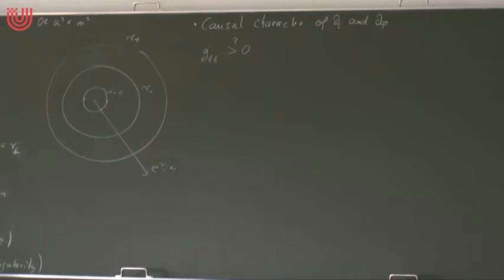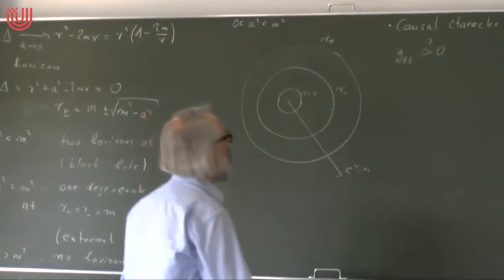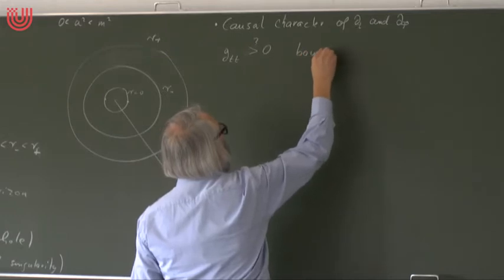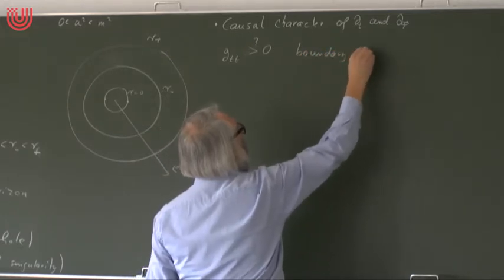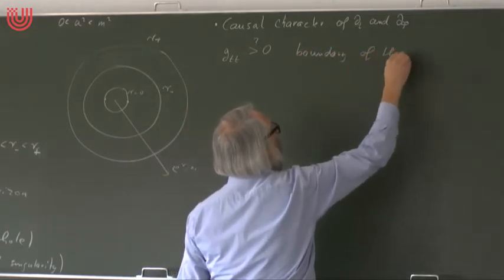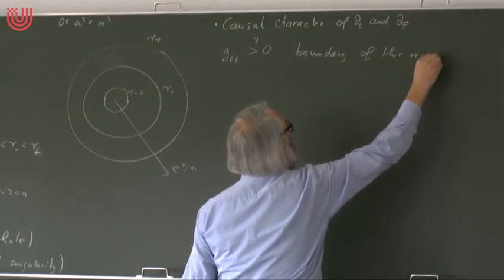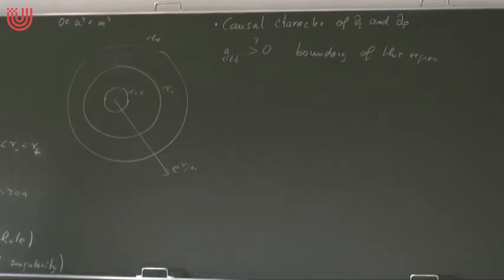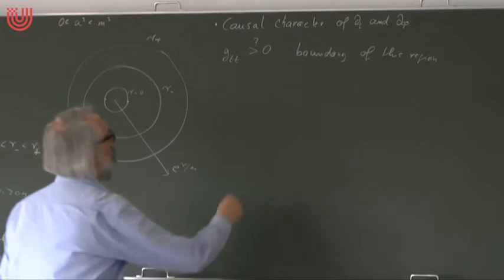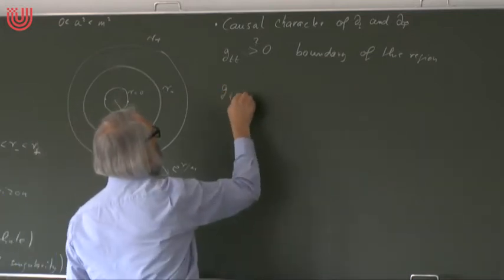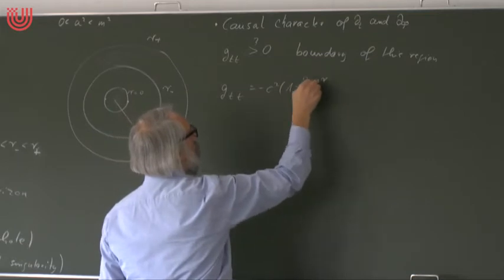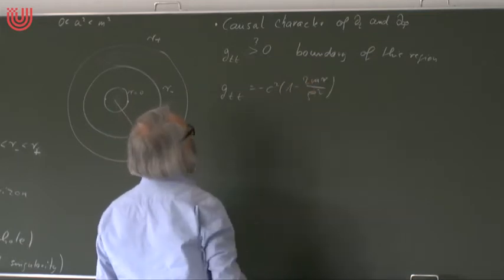Well, we can read the GTT from the metric. The boundary of this region is called the ergo region. Here's a region where this is satisfied. This is called the ergo region. So GTT is minus c squared times (1 minus 2mr over rho squared).